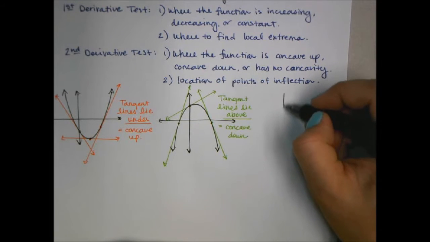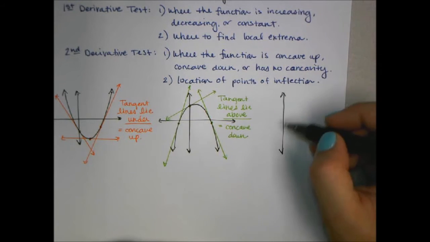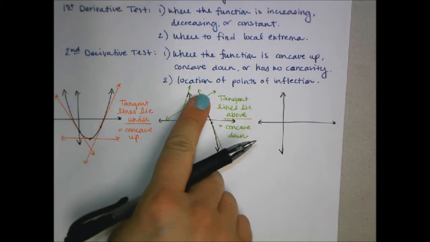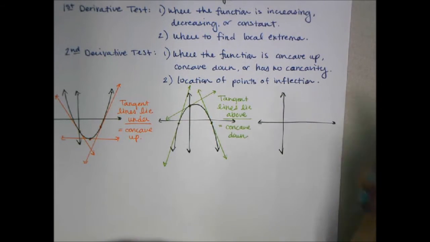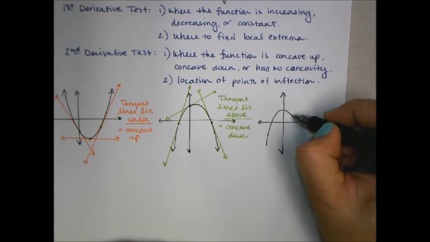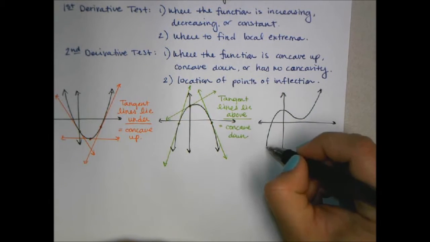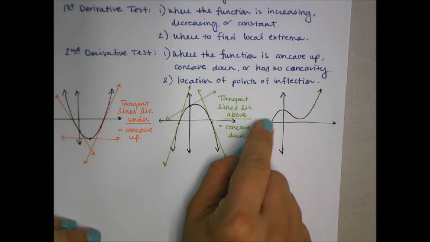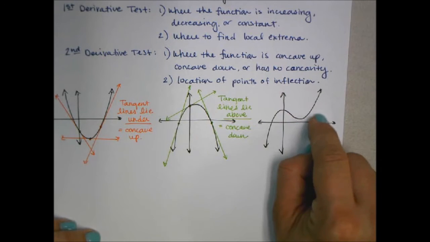But there is one more instance we should look at. And that was the second thing I told you about, locations for points of inflection. So let's look at a graph that has a little bit of both. Maybe some type of cubic function here. Part of my graph is concave down, and part of that graph is concave up.